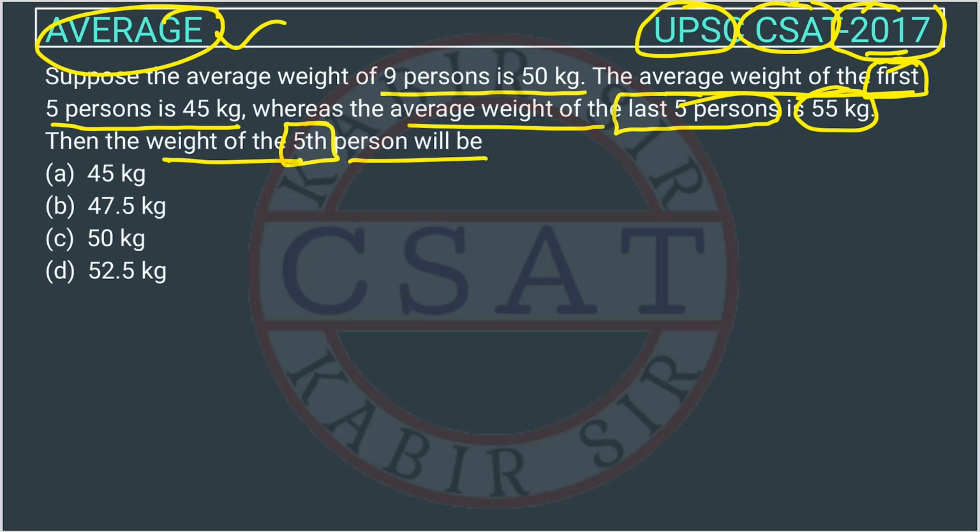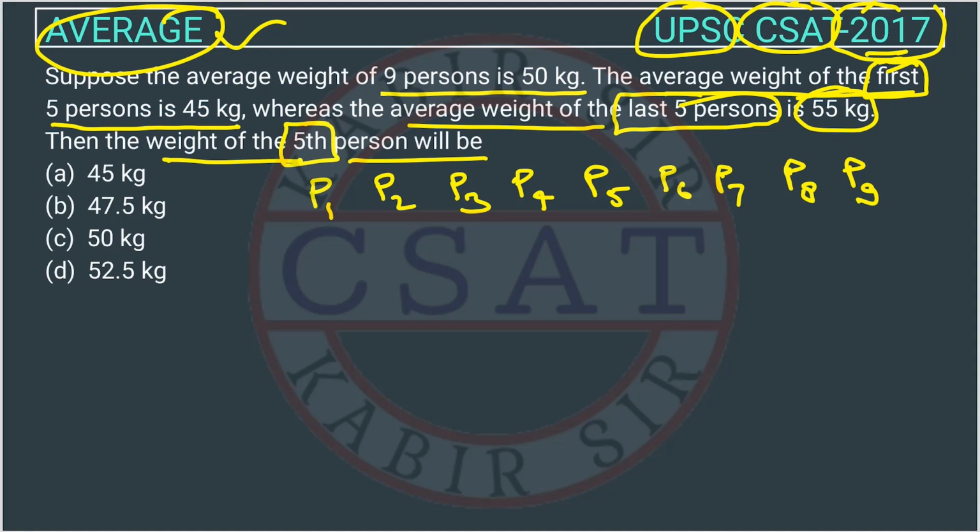See, so what is given? It's given that there are 9 people. So suppose this is person 1, person 2, person 3, person 4, person 5, person 6, person 7, person 8, person 9. So their average weight is given, 50.